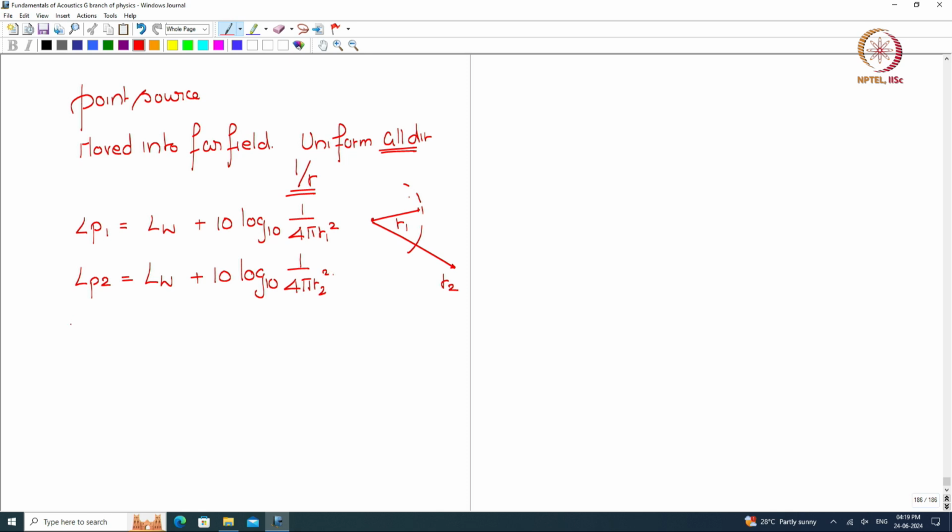Okay. Then LP2 minus LP1 is 10 log to the base 10 of 1 by 4 pi r2 square minus 10 log to the base 10 of 1 by 4 pi r1 squared. So this becomes 10 log to the base 10 of r1 squared by r2 squared.